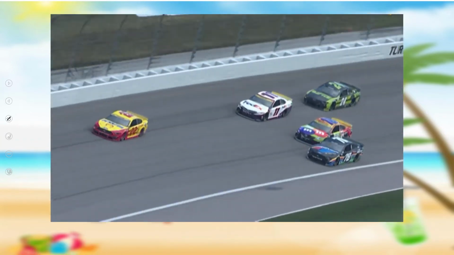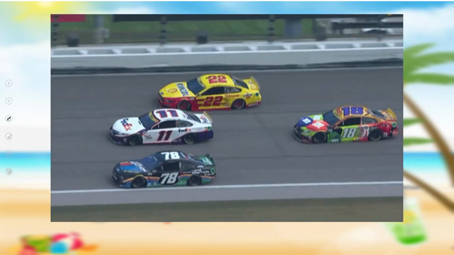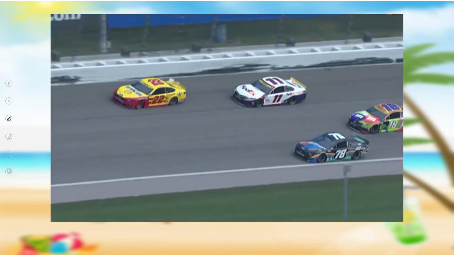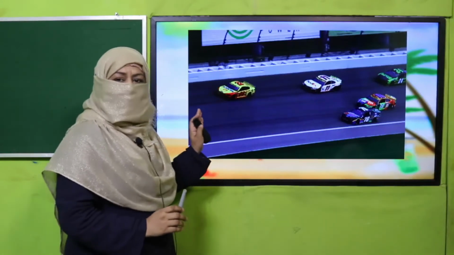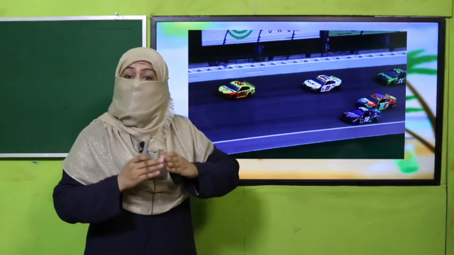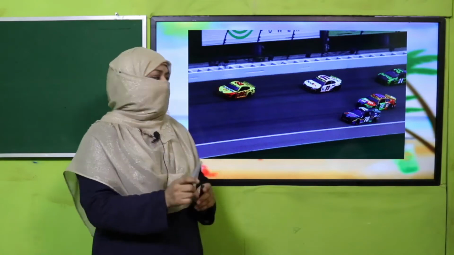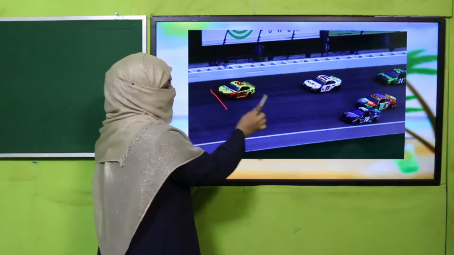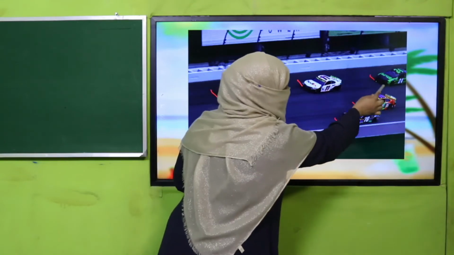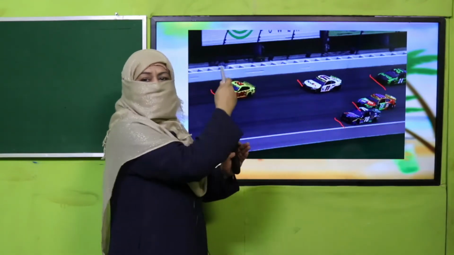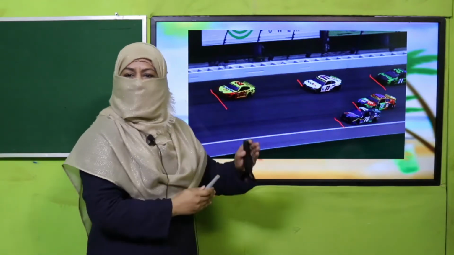Now how will we find out? You will find out their numbers, then you will tell their position in ordinal numbers. First, second, third, fourth, fifth, sixth, seventh, eighth, ninth, 10th.